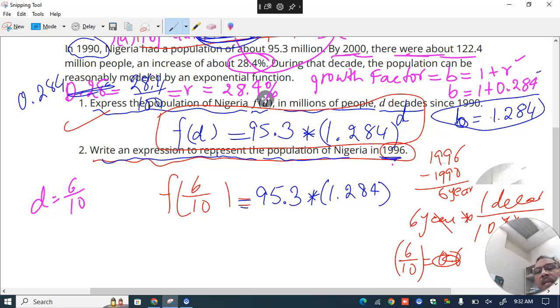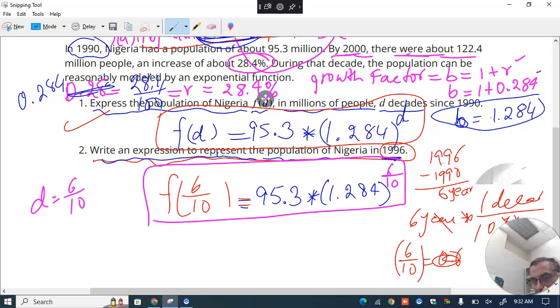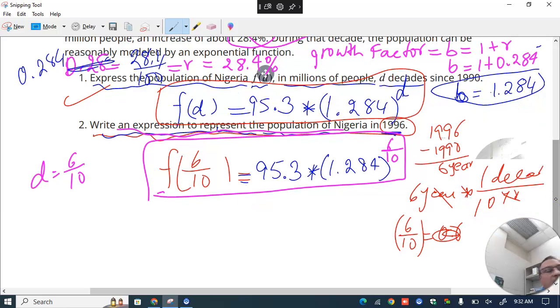So that is 6/10. Of course it is 6 years since 1990, but they want an expression to represent the population of Nigeria in 1996. That completes that question.